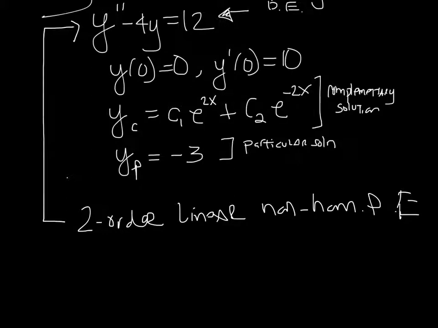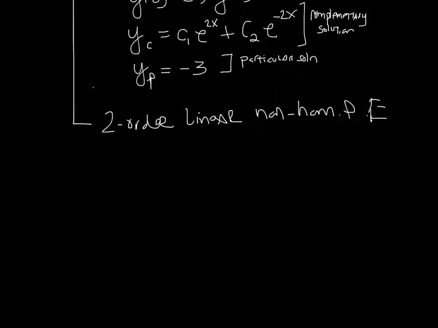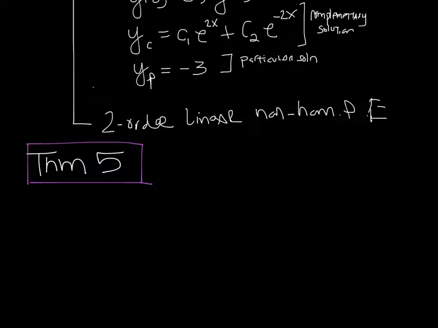So what we want to do is use theorem 0.5 in your book. If you want to look at it, theorem 0.5, very important, says solutions of non-homogeneous equations. We have a non-homogeneous equation in this case, so that's how I'm using theorem 0.5.